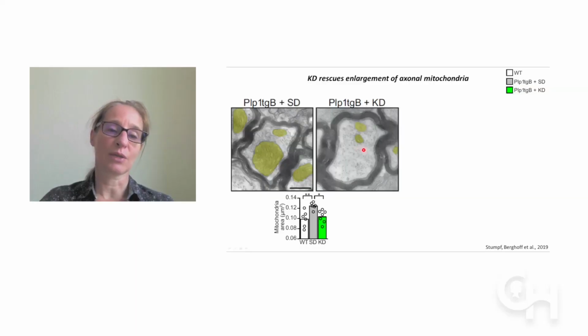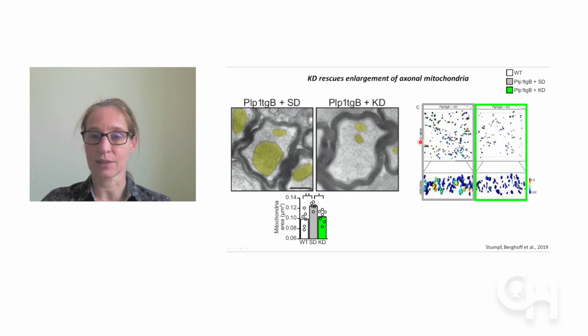I told you about the increased size of mitochondria in axons of PMD mice, and we found this also in later ages. And when we looked at mitochondria size in PMD mice on the ketogenic diet, we found that this was basically normalized.